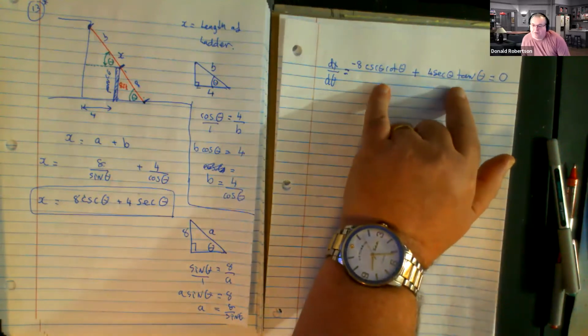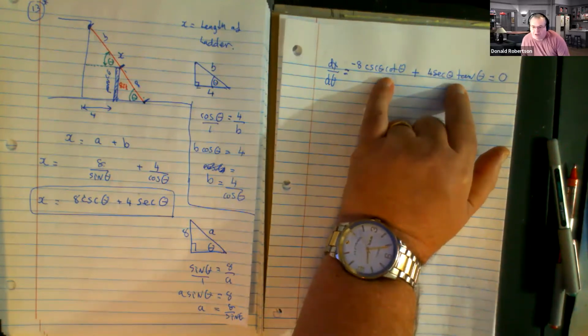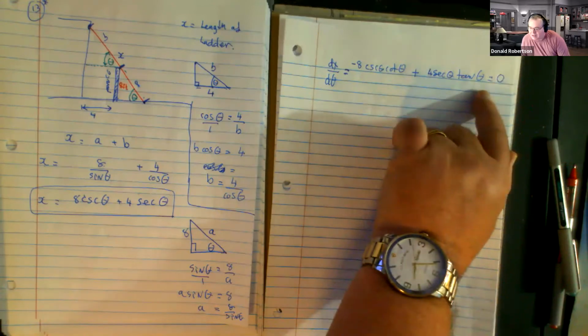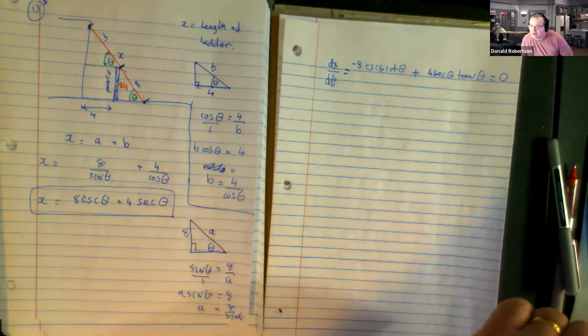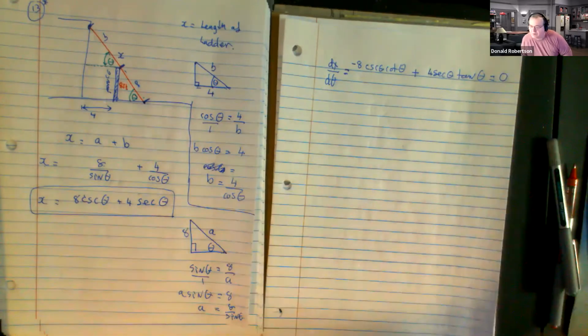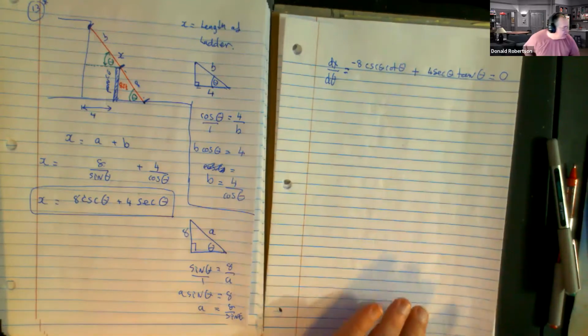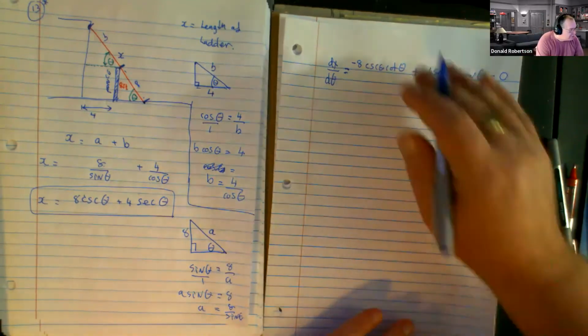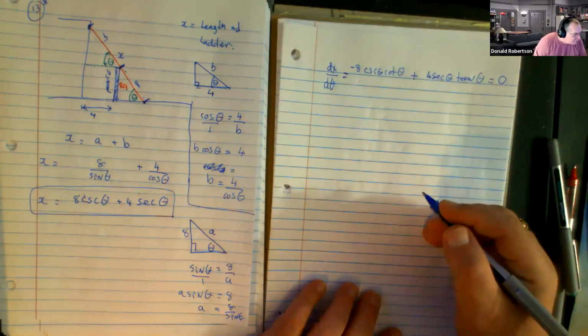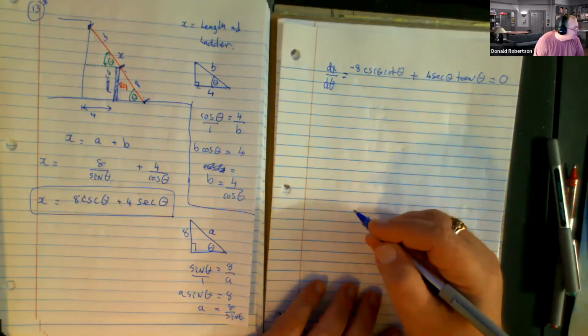Can you trust me that this trig equation just ain't going to do it, right? There isn't any algebraic answer. It's not going to come out as 30 degrees, right? So what it is going to be is plug it into Desmos and find out when it's 0.